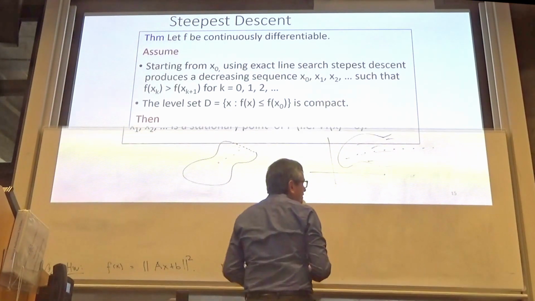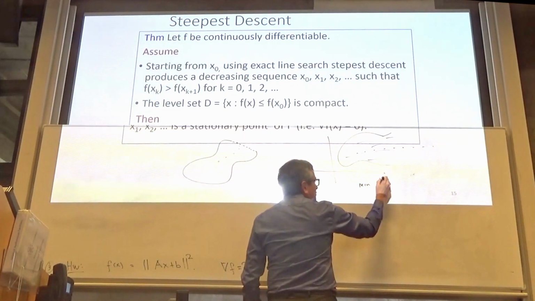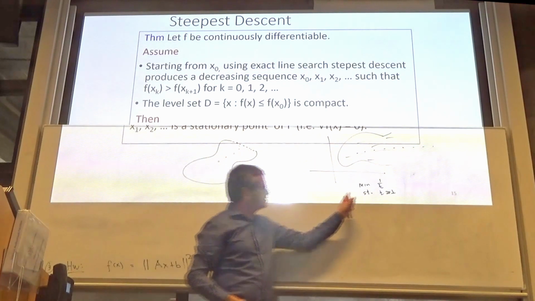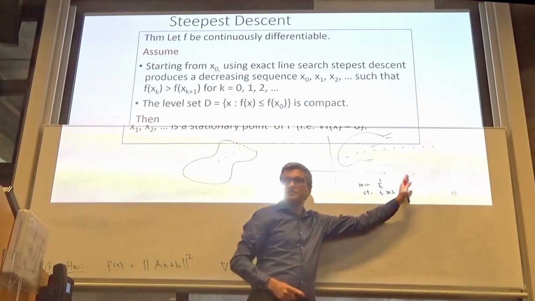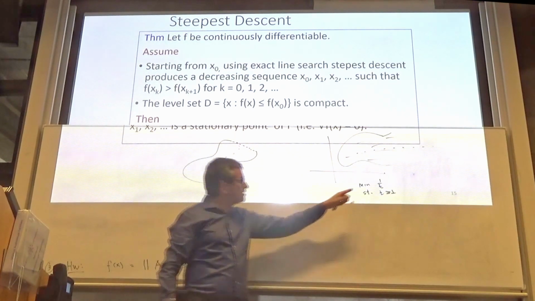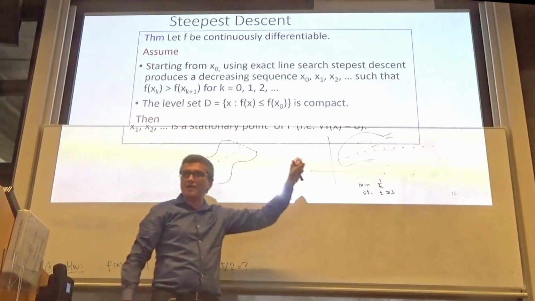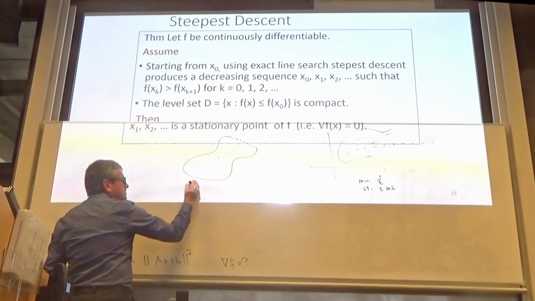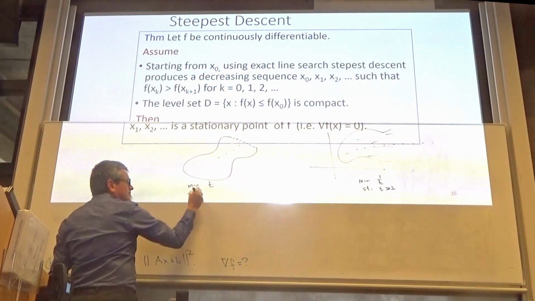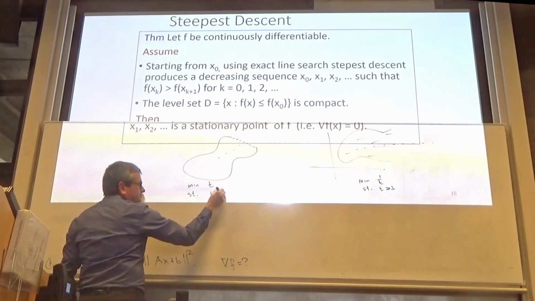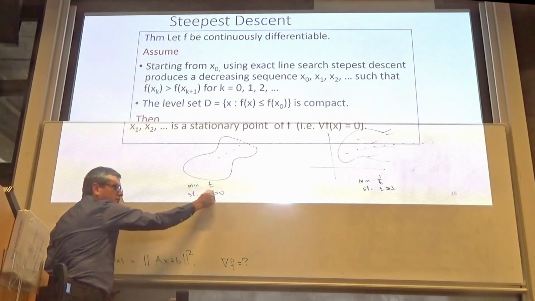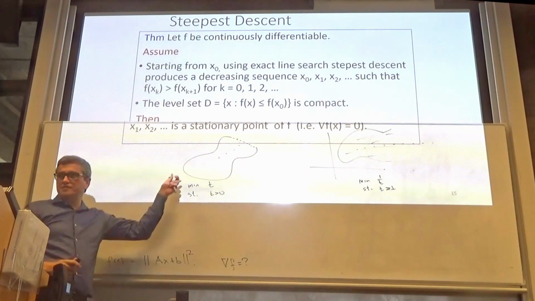An example: minimize 1 over t such that t is bigger than 1. This is unbounded, and your minimum is when t goes to infinity. It's 0 in value, and t is never attained. Another example: minimize t such that t is bigger than 0. Then the infimum is t equal to 0, but you don't attain it. Then you're in this trouble.